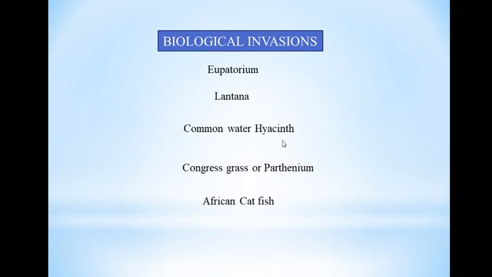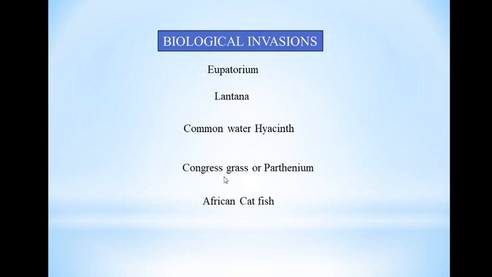And this water hyacinth is contributing the most to this process of eutrophication, growing exhaustively and covering the water bodies, leading to the killing of the water bodies, and also inhibiting the growth of other useful plant species, like lily, lotus, and other species.